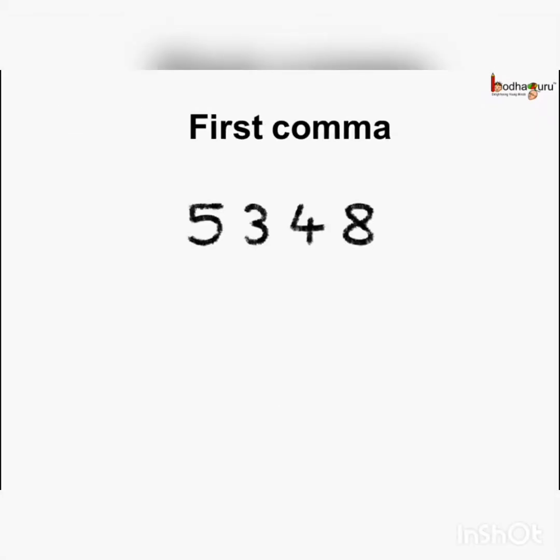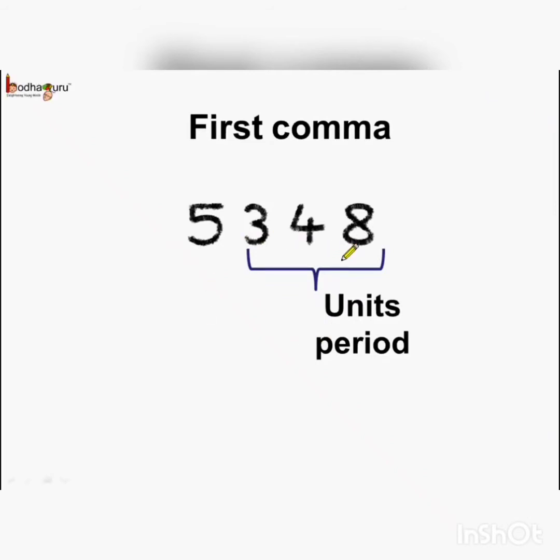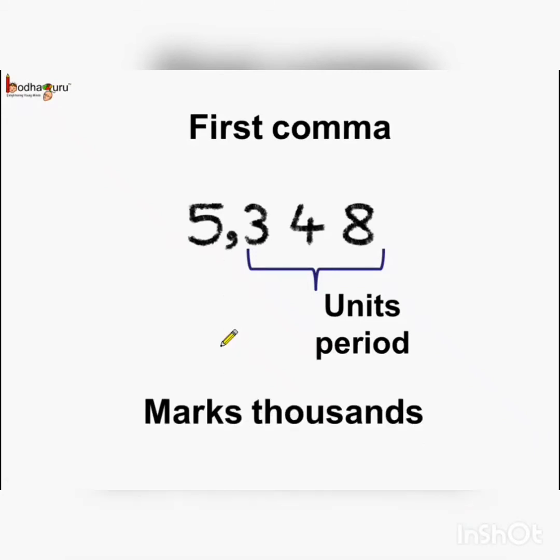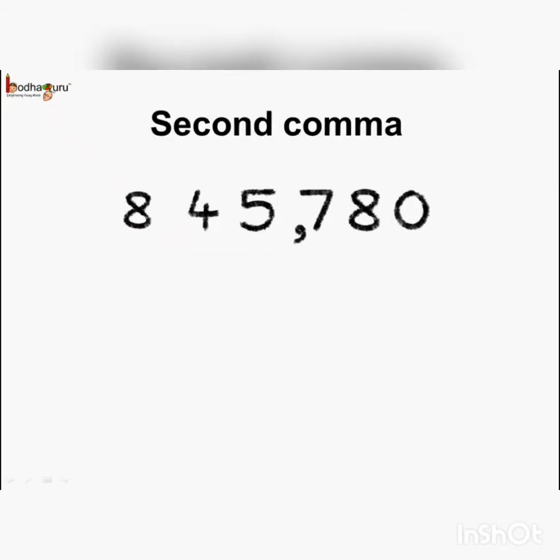If you remember the units period, it comprises ones, tens and hundred positions, and the comma is placed after this. So it marks thousands. Here we know there are 5,000 and we can read the number as 5,348.